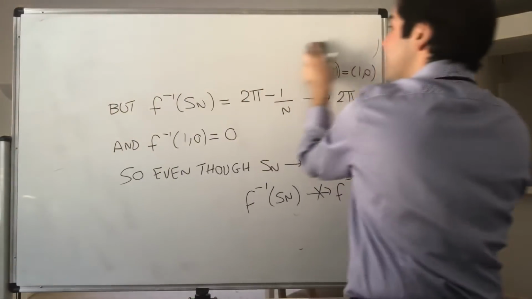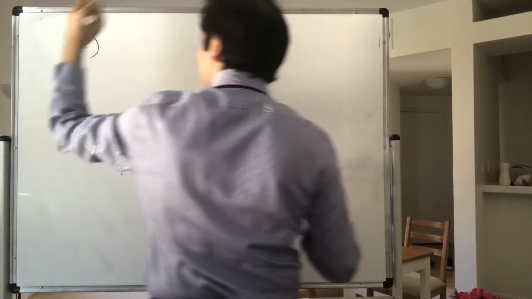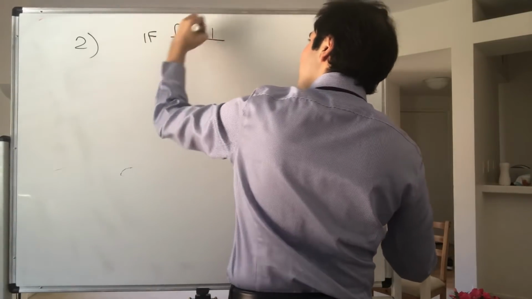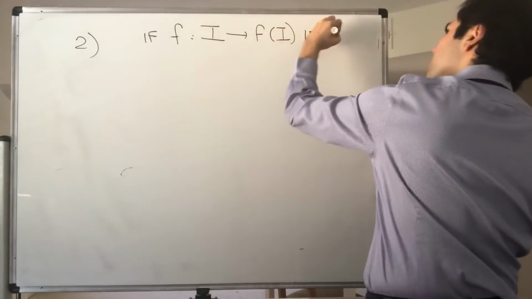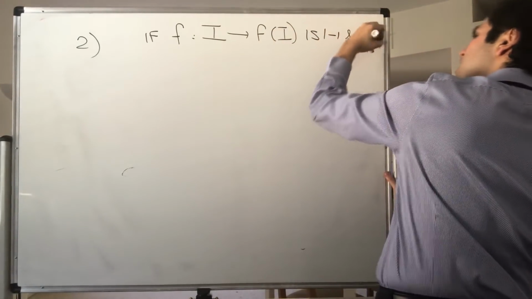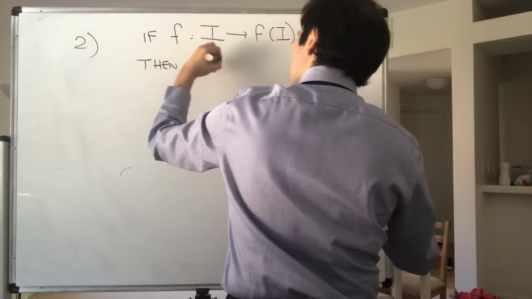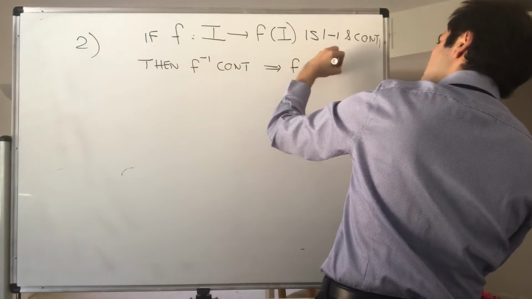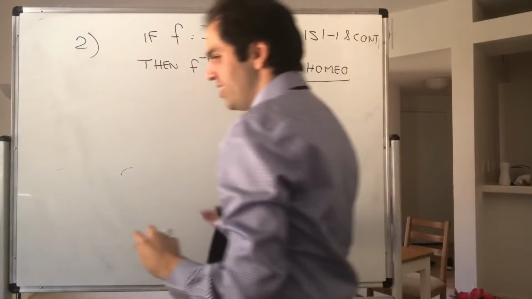On the other hand, there are some cases where the inverse is continuous. For instance, we've seen in another video that if f, let's say from an interval to f of an interval, is one-to-one and continuous, then f inverse is continuous. So f is a homeomorphism. But that's very specific to R and to intervals.